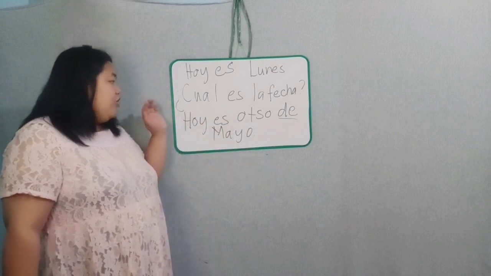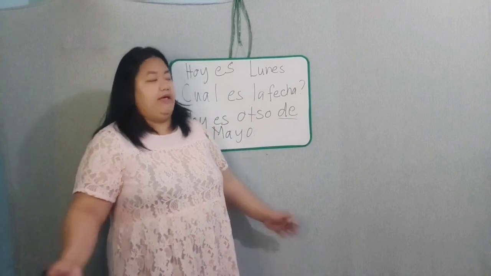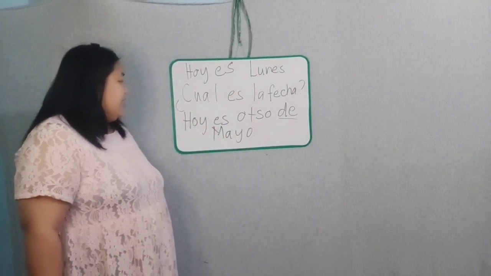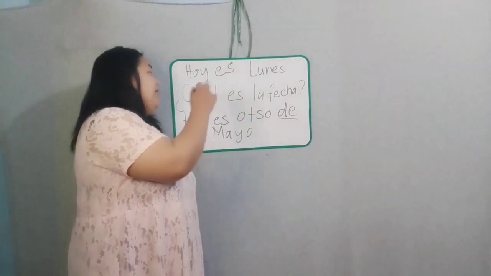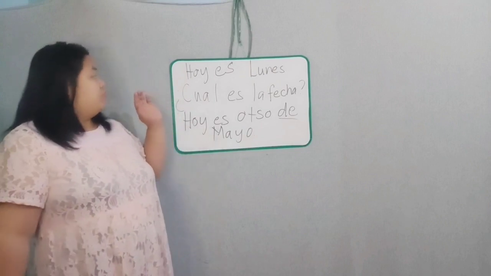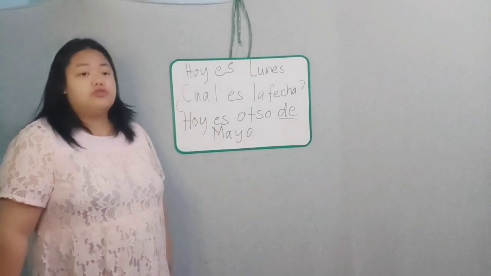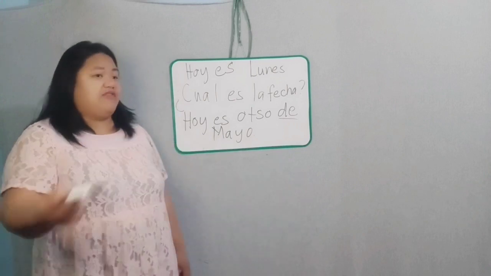So what you do is, hoy es 8 de mayo. So today is the 8th of May. So that's how you state the date today, and what day is today in Spanish. Okay, so, ¿qué día es hoy? And then, ¿cuál es la fecha?